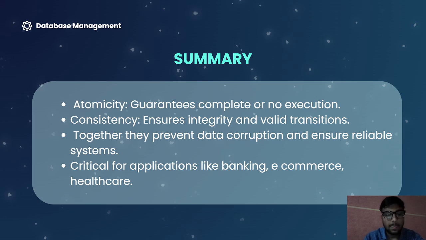Together, they make sure our database does not end up with corrupt or incomplete data, which is super important for systems like banking, healthcare or e-commerce websites. Hope you understand the concept behind atomicity, consistency, and how we can ensure it.